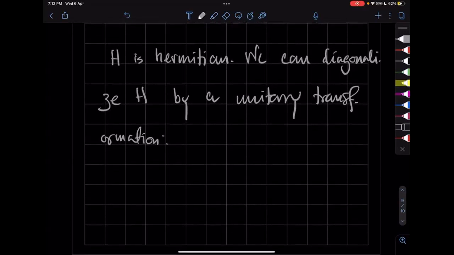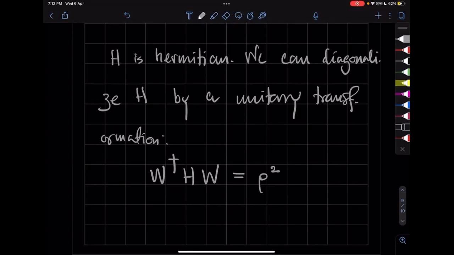So we can say there exists a unitary operator W such that if I conjugate it, if I take a similarity transformation of H, then we get a diagonal matrix, and let's call it matrix rho squared.